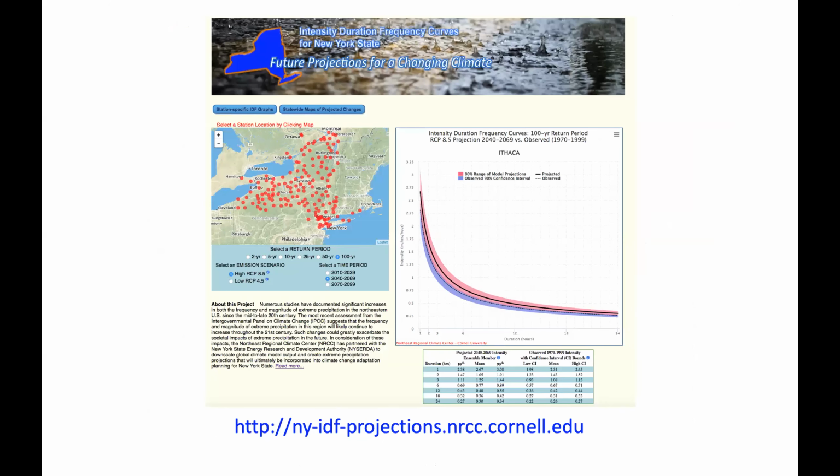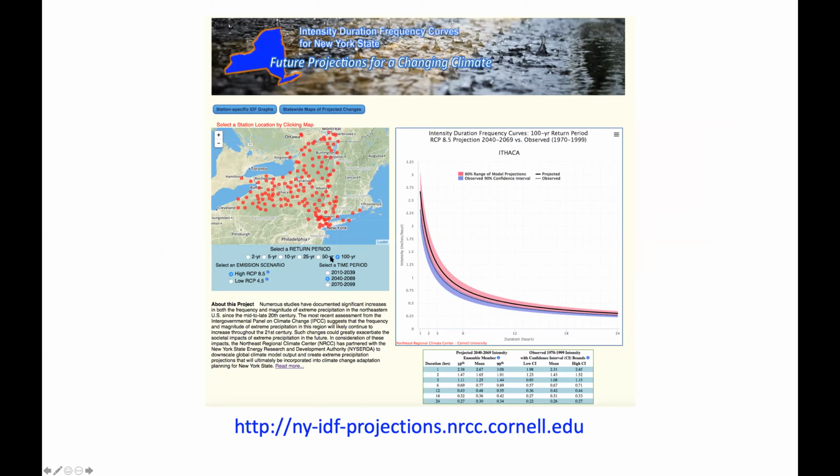So putting that all together, this is where we worked extensively with the state of New York to take these projections and put them into something that they felt was going to be usable in practice across the state. This is the URL to the website if you're interested.